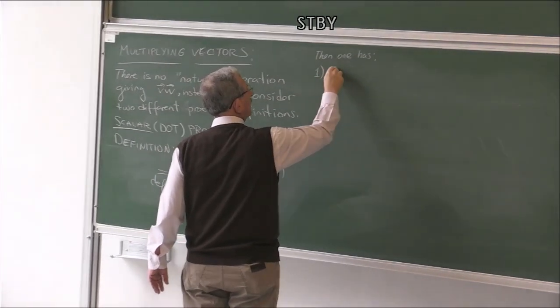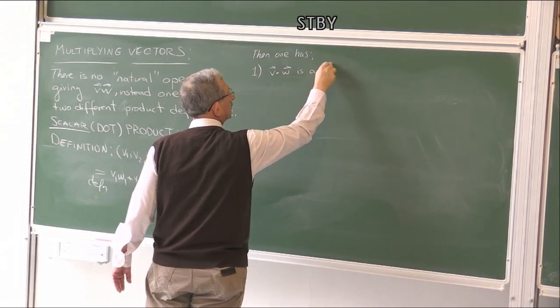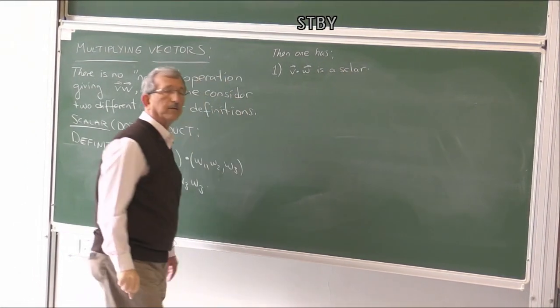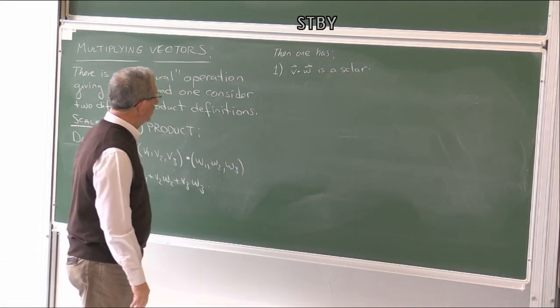Firstly, v dot w is a scalar. It's not a vector. That's why one calls it a scalar product.